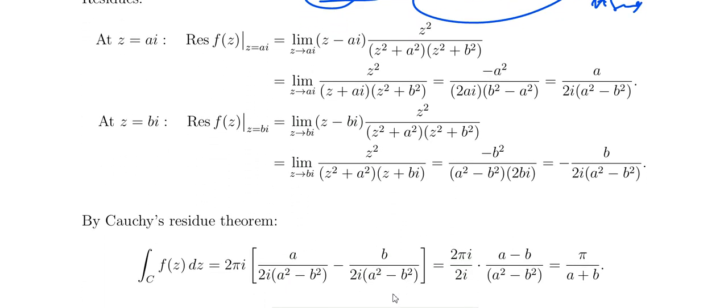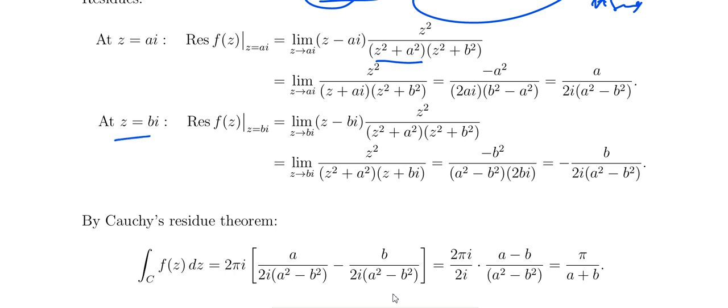The residue is the limit as z tends to ai of z minus ai times z square divided by something. When you factorize, z plus a and z minus a cancel, and when you replace it, we get a by 2i into a square minus b square.